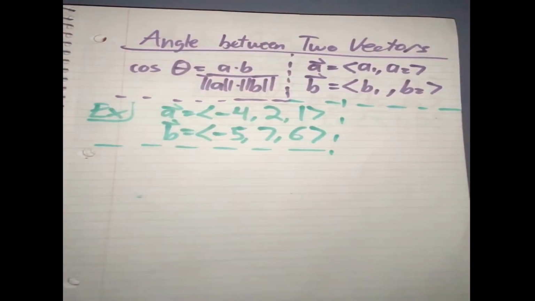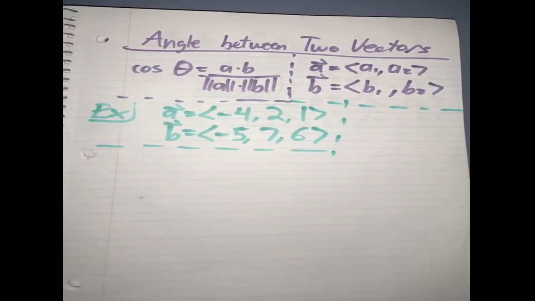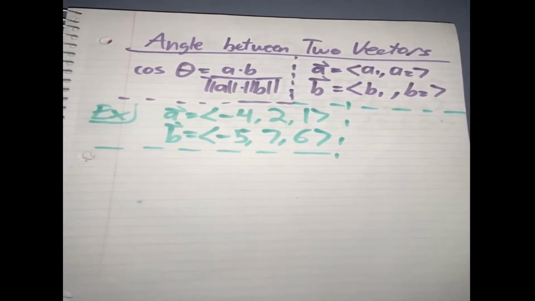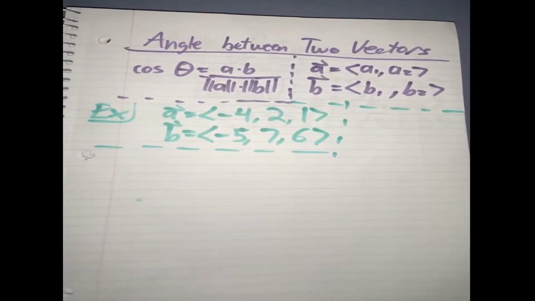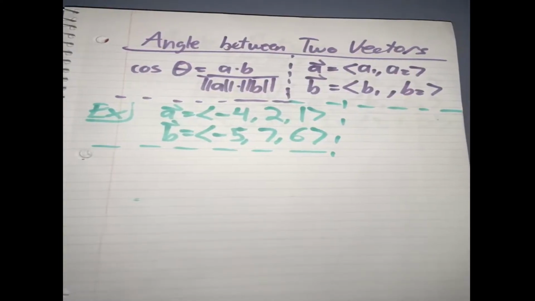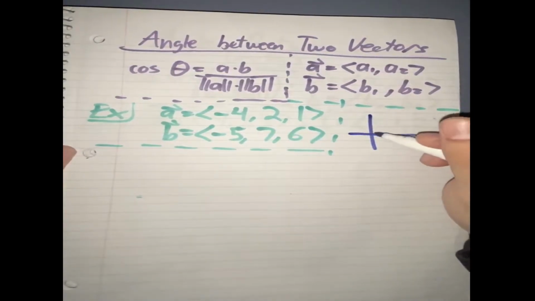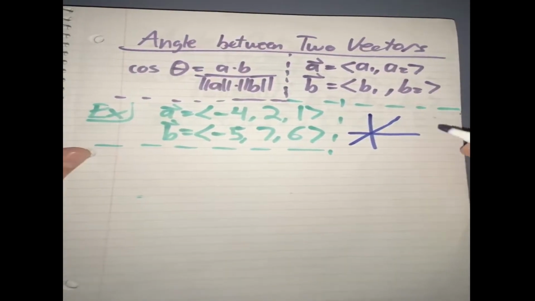Hello guys, so in this video we're going to talk about how to find the angle between two vectors, a vector A and a vector B. Basically, the idea is that these two vectors are touching each other, but there's an angle between them. The vectors would look something like this in 3D space.